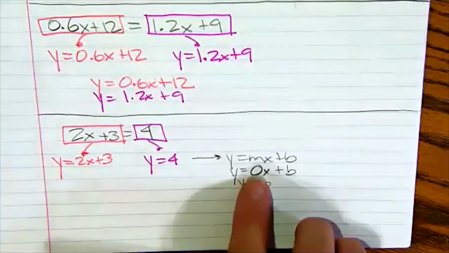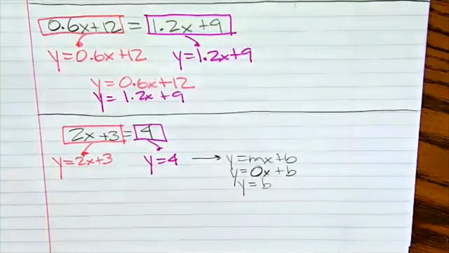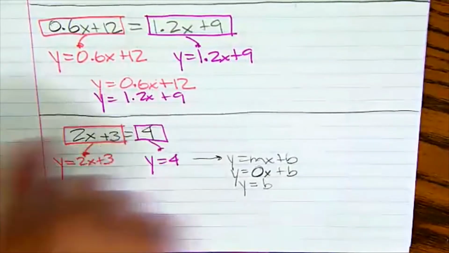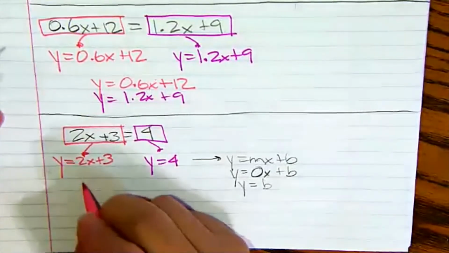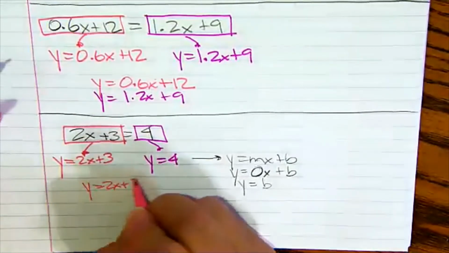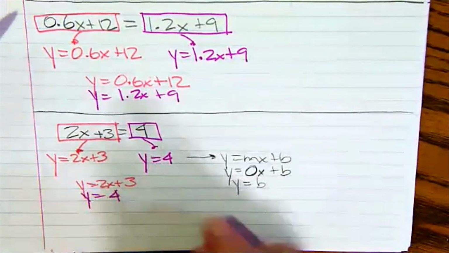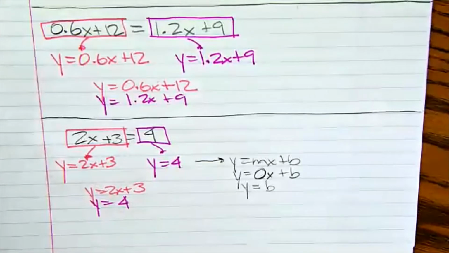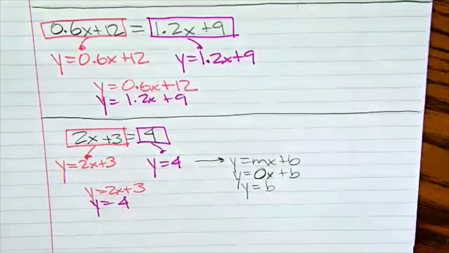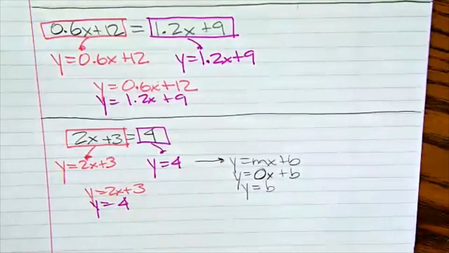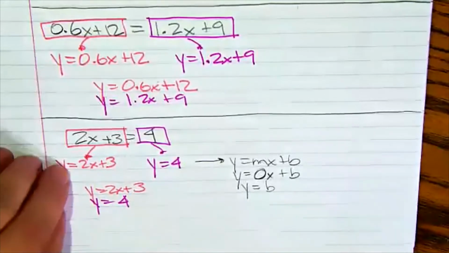It's flat, so the slope is 0. So here we have a system of equations that we can solve by graphing, substitution, or elimination. So let's go ahead and do one of them.